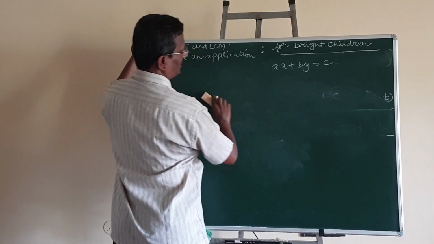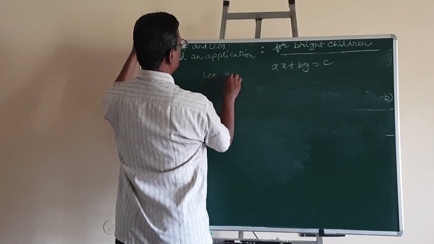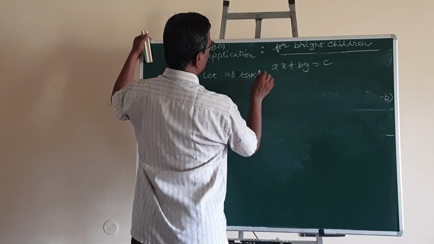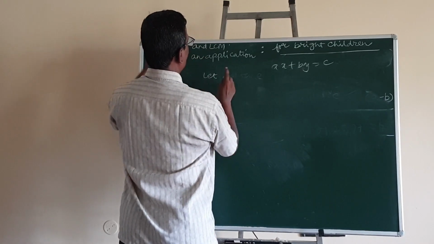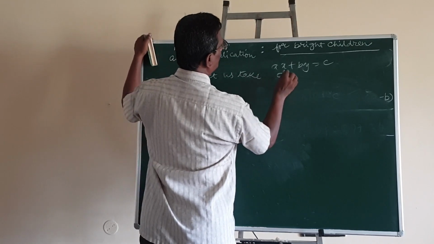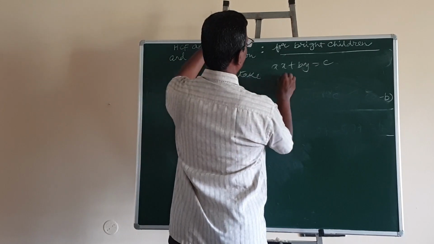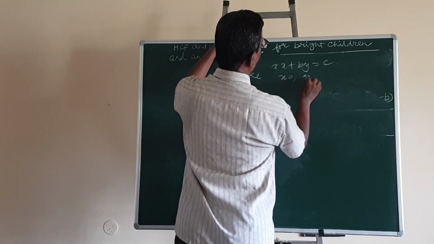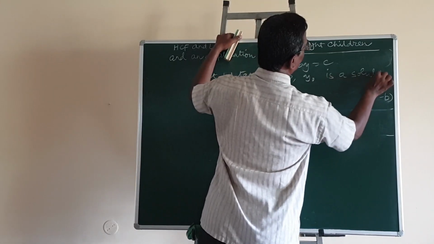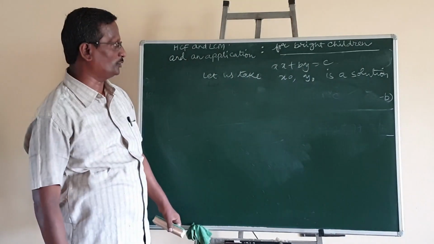Ax plus by is equal to c. Let us take x0, y0 is a solution.